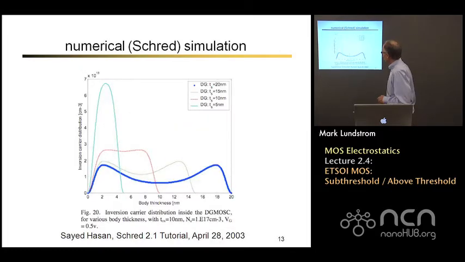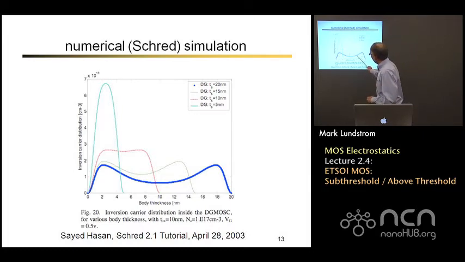If you look at the electron densities that were computed from that simulation, you can see that for the thick wells, we have inversion layers building up at the top and the bottom. It just looks like 2 bulk MOSFETs with an inversion layer at the top and an inversion layer at the bottom.